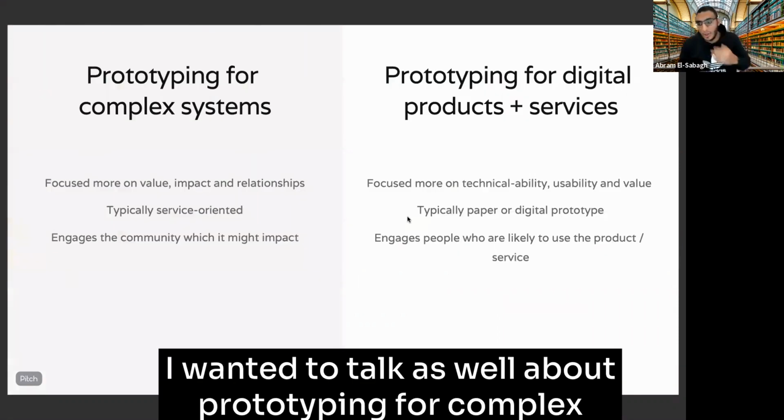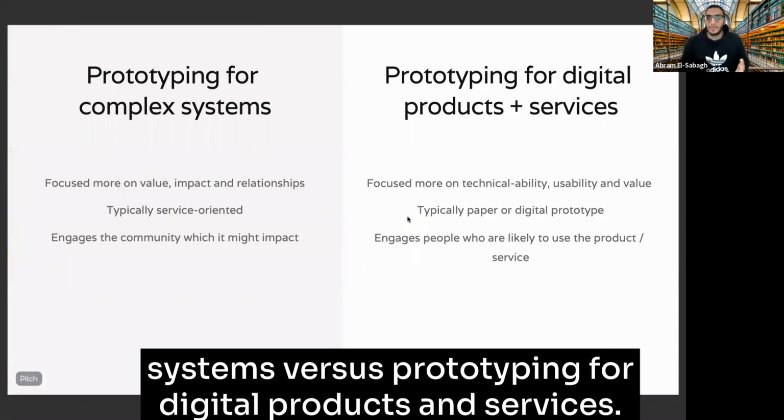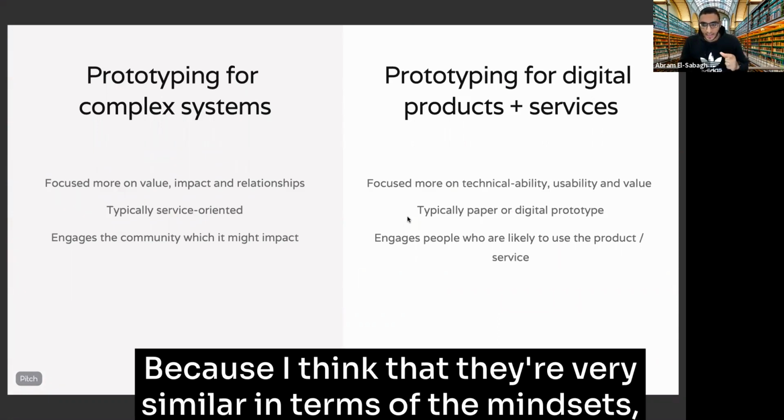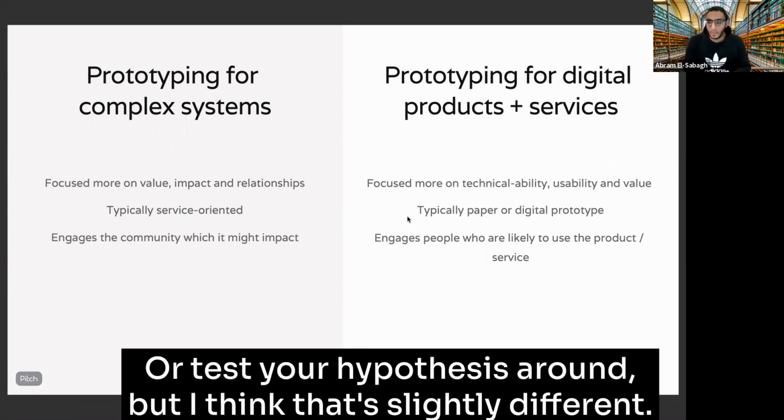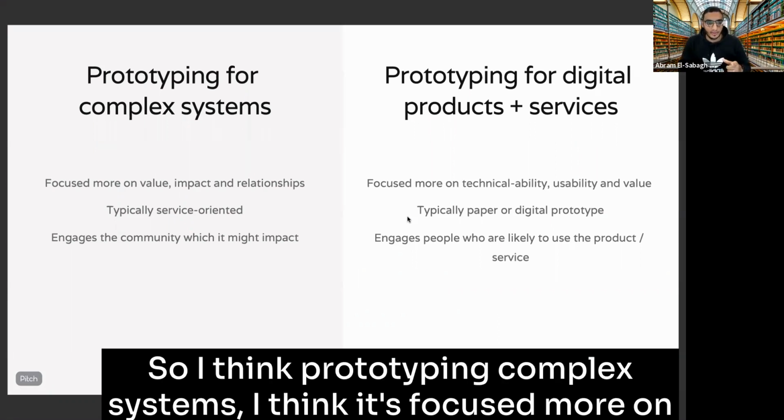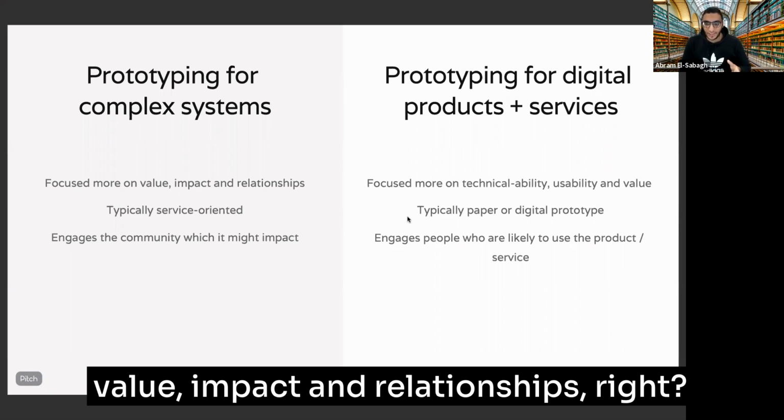I wanted to talk as well about prototyping for complex systems versus prototyping for digital products and services, because I think that they're very similar in terms of the mindsets. You're creating a physical or a tangible thing that you're using to test your hypothesis around, but I think they're slightly different. So I think prototyping complex systems is focused more on value, impact, and relationships, right?